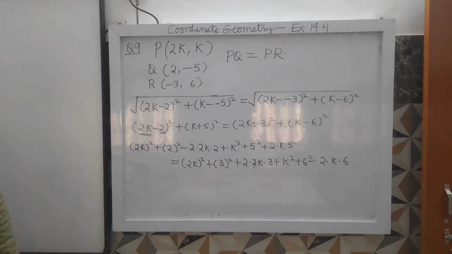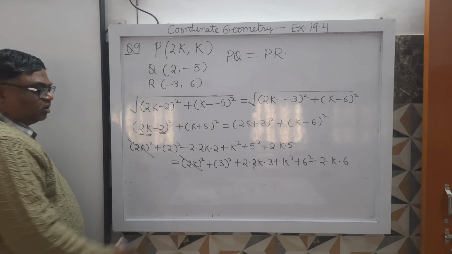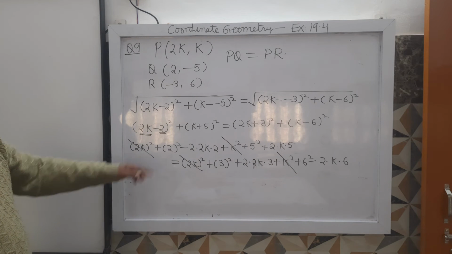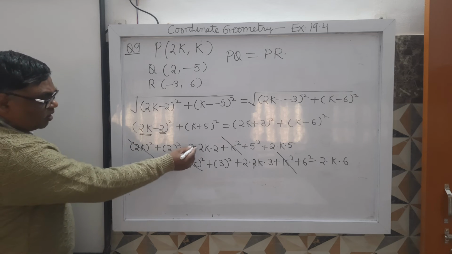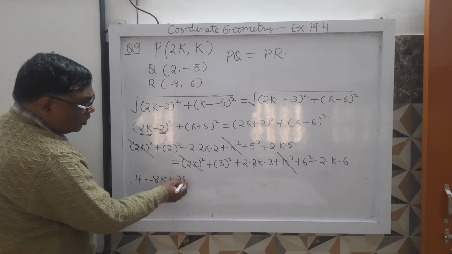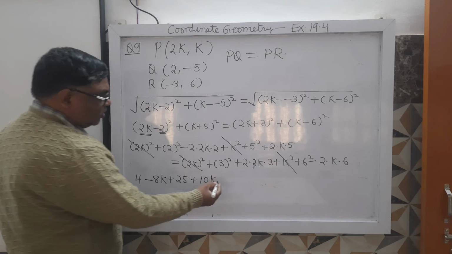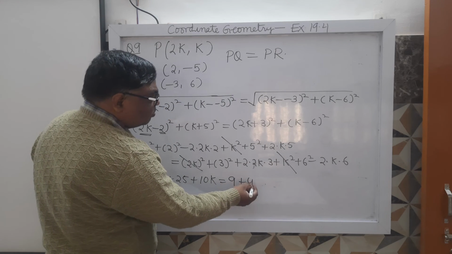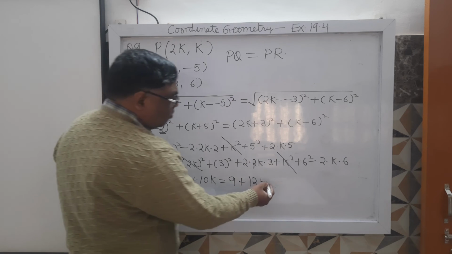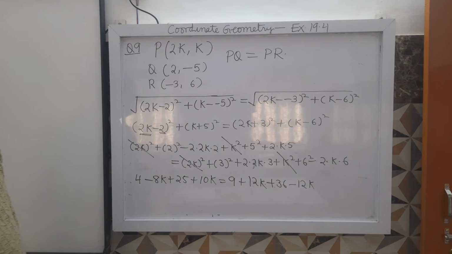Now see here, like terms you can deduct. This and this will be cancelled. k square and k square will be cancelled. What will you get? 2 into 2, 4, 4 into 2, 8k, plus 25 plus 10k, 2 into 5, 10k, equals 9 plus 2 into 2, 4, 3 times 4, 12k plus 36 minus 12k. It's clear?